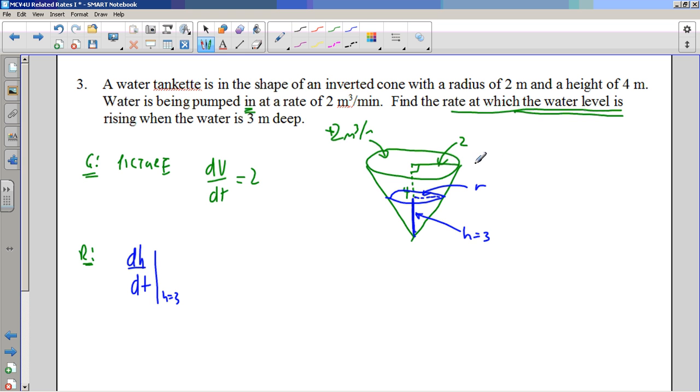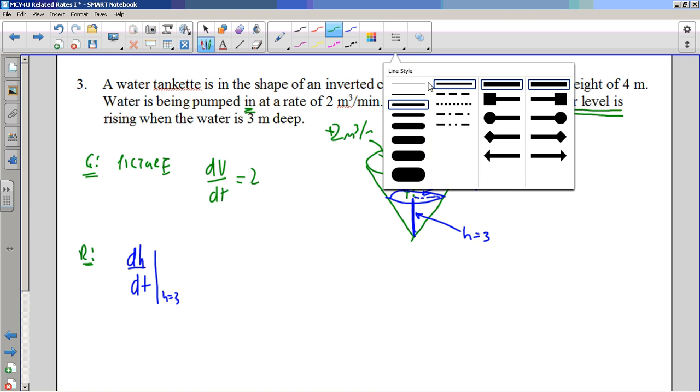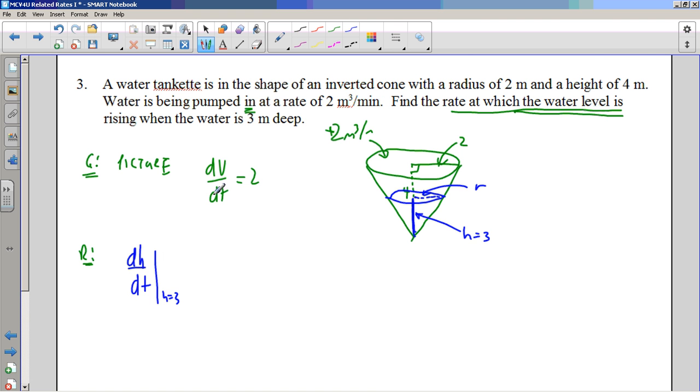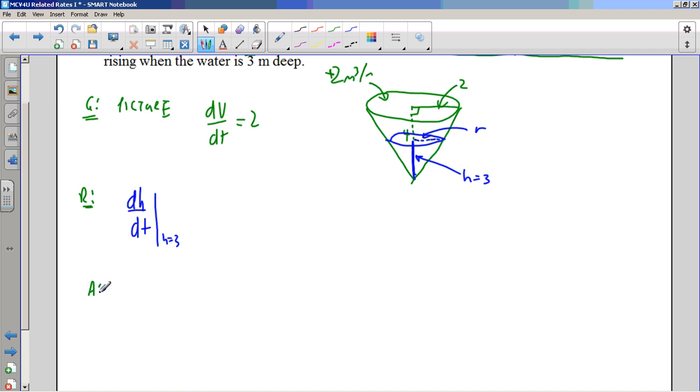We might have to calculate it, but let's talk about the relationship. We need a formula that relates these two. We actually have a little work to do in order to be able to do this. All right, well, what's the formula we're going to use? Volume of a cone.